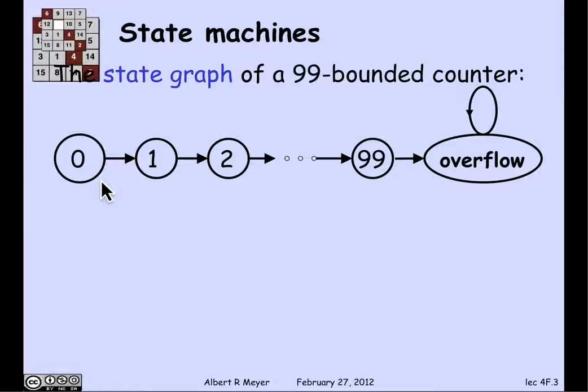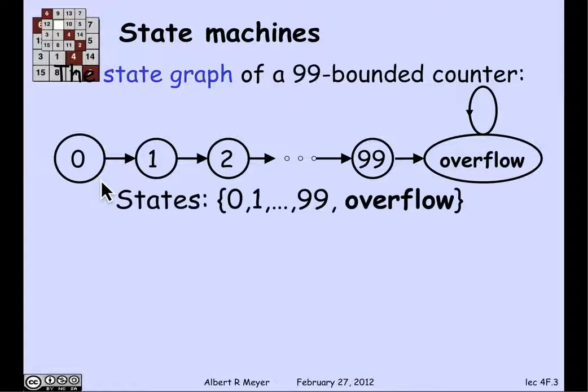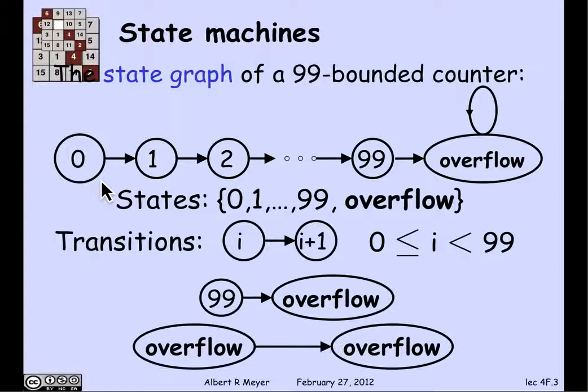So starting off at the start state, which is generally indicated by that double mark to indicate where to start, the complete description of this machine is a set of states, which are pictured as 0 through 99 plus overflow, and a set of transitions, which are indicated by the arrows, which is how one state can move to another state.